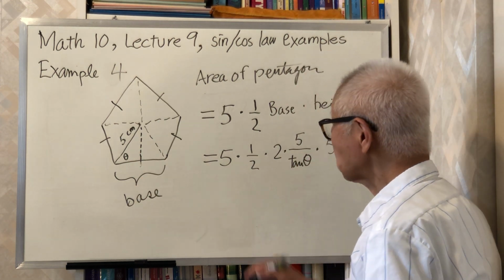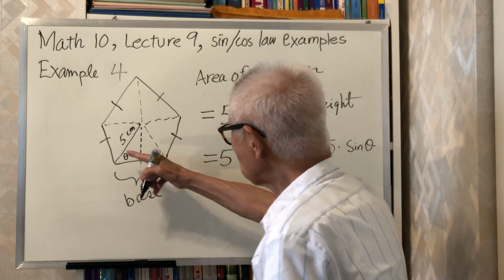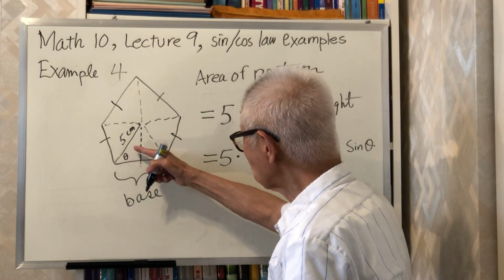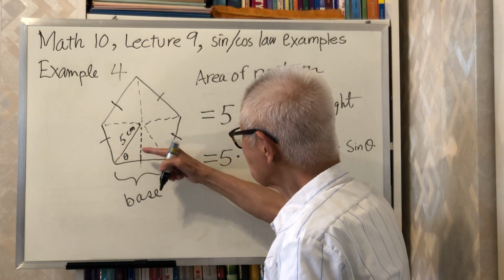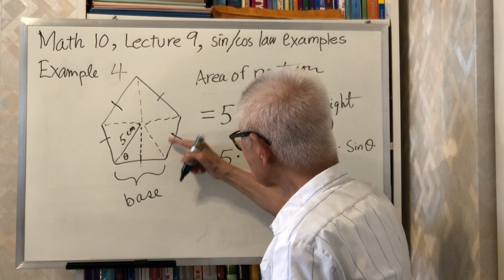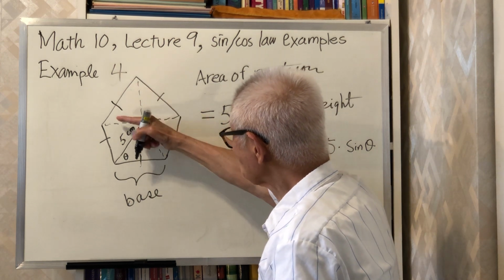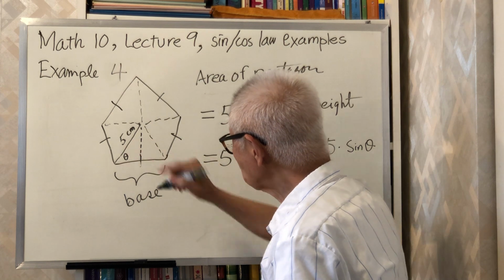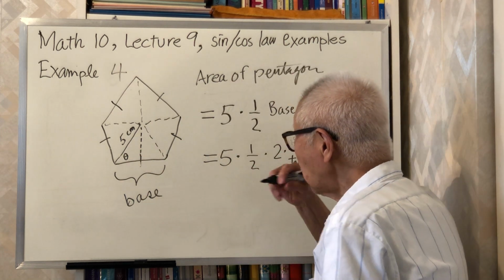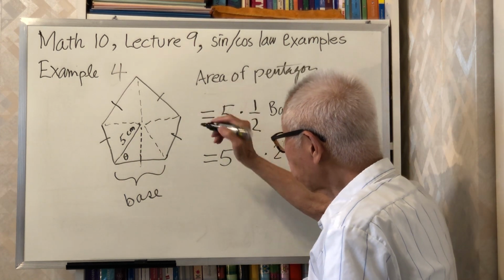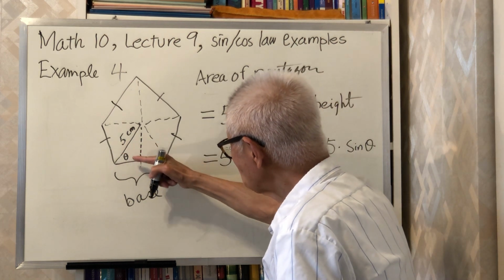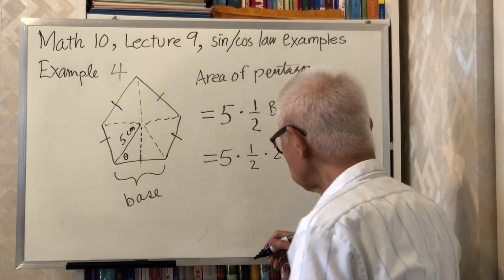Okay. So how do I find theta? Theta is half of this angle. So this angle and all these 5 angles are equal. How big is this angle? For a pentagon, this angle is 108 degrees.